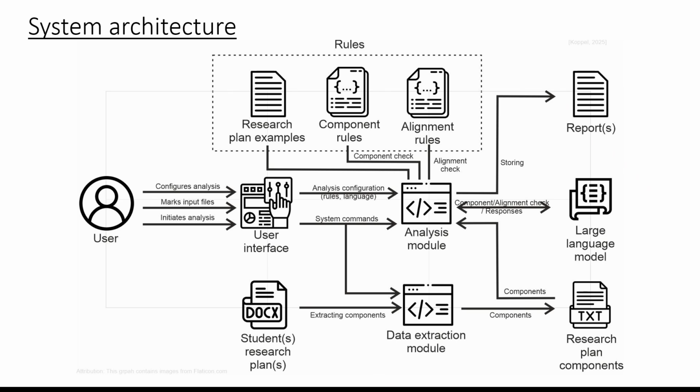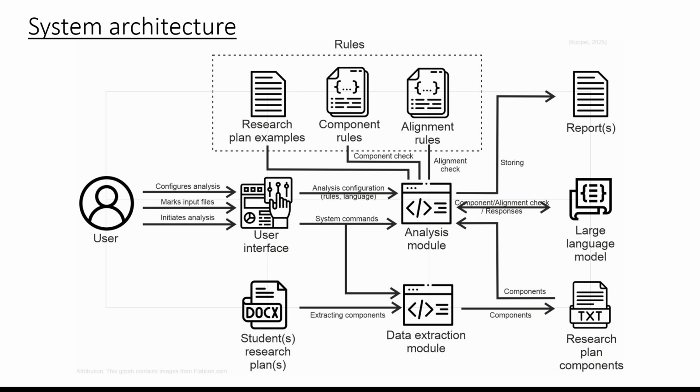So first we have user configuration of the research domain, for example, business intelligence domain or business AI domain. Secondly, the user sets up configuration rules based on the chosen research domain. This includes defining the required components for the research plan. For each domain, there are different components that are typically expected in a research plan, such as research aim, data analysis methods, and so on.